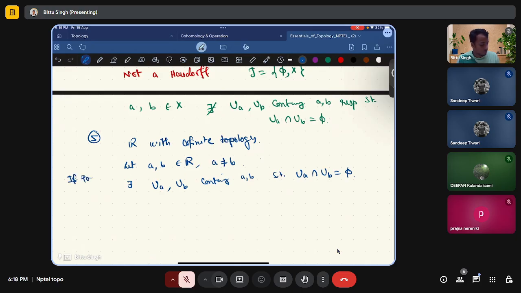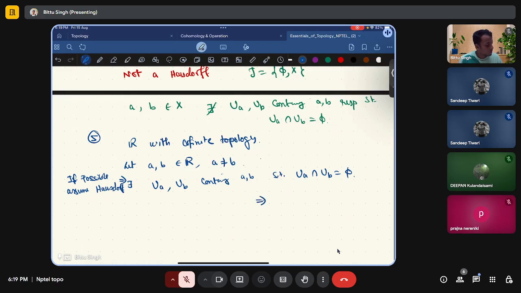If possible, assume Hausdorff. Then there exist some U_A, U_B containing A, B respectively such that their intersection is empty.